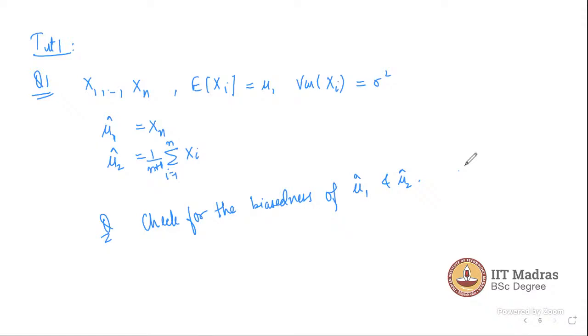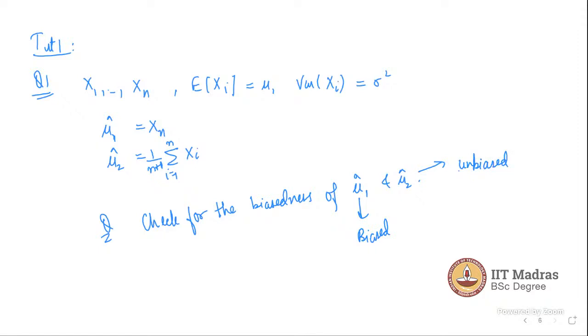So are you all trying the problem? One is biased. Mu1 is biased. Okay. What about mu2? Unbiased. Okay.